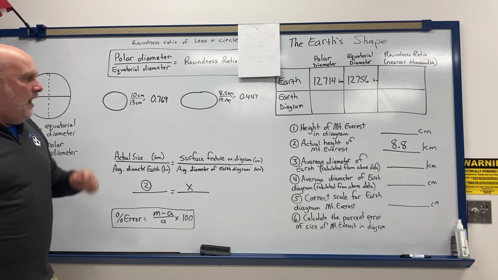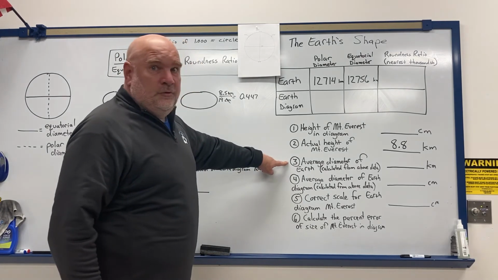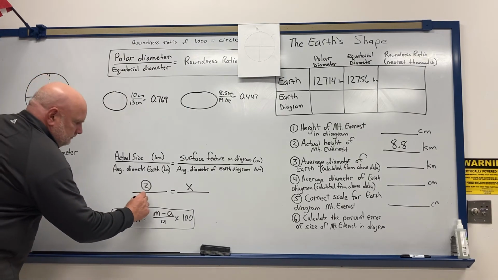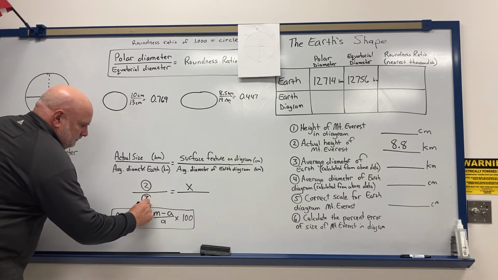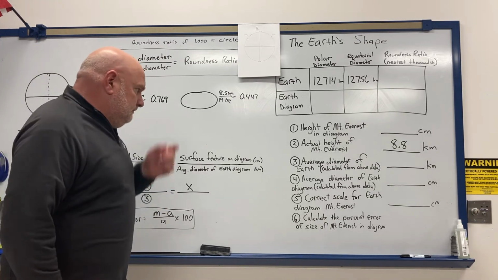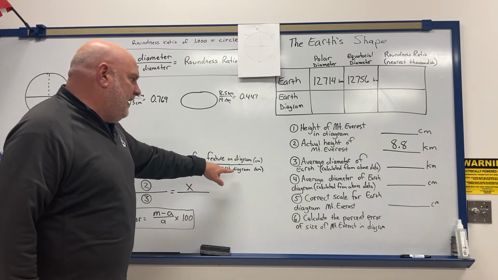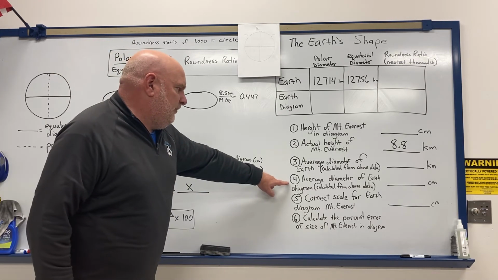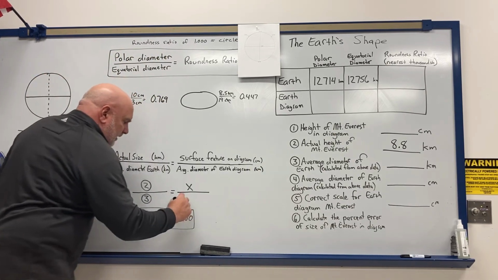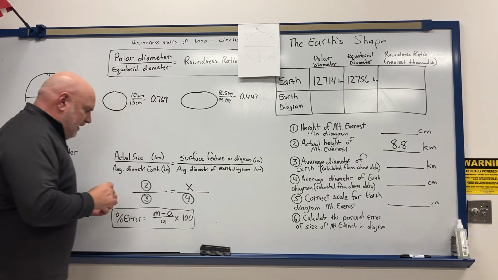That's going to be the number you have on line 3. Next, it says average diameter of Earth's diagram. That's going to be the number you have on line 4, and that is what goes right there.